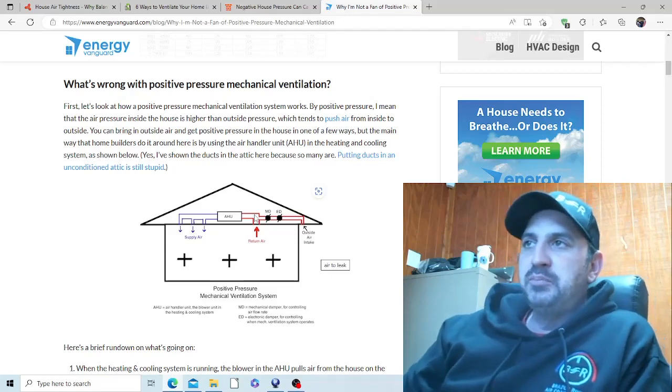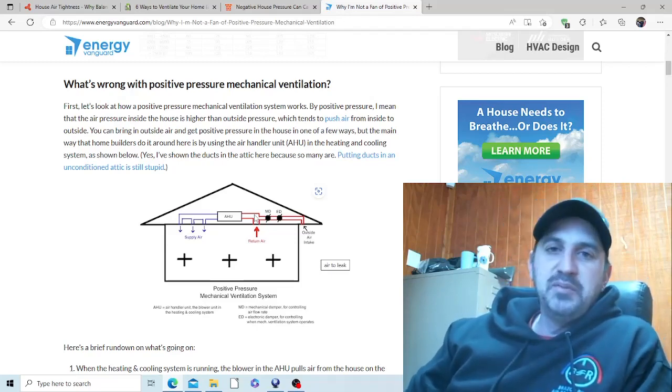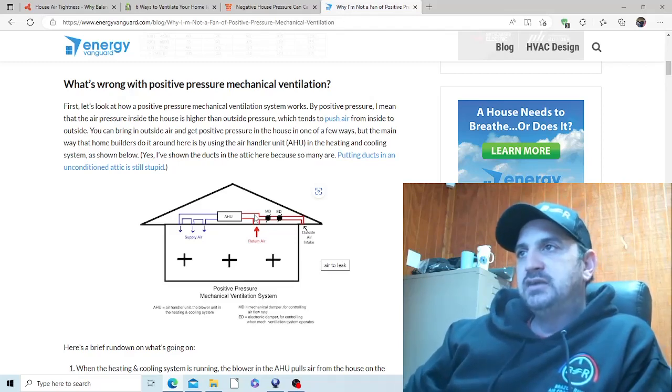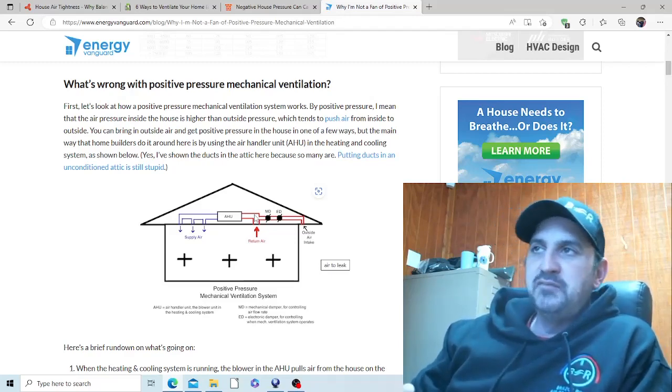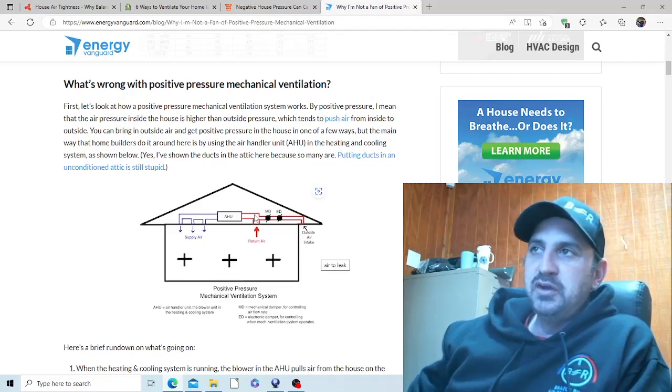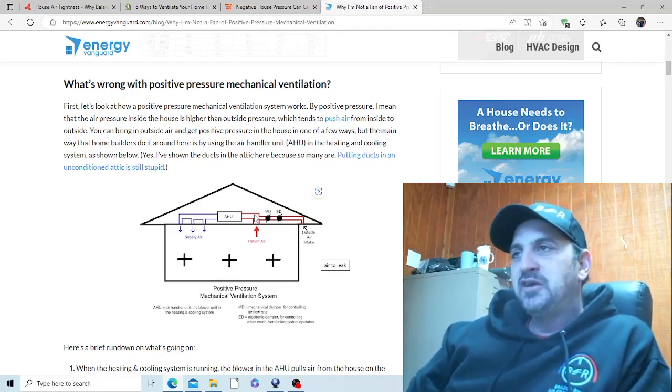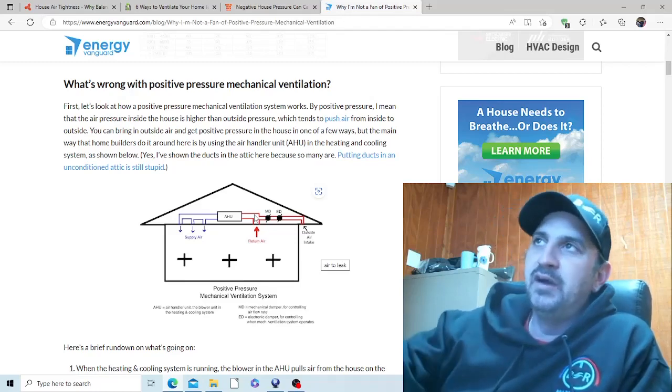There's systems that are built to just provide this type of intake that do have filtering and do have conditioning. We don't see them very often. Typically, if you're doing only one way like this, it's either an electronic or mechanical damper.